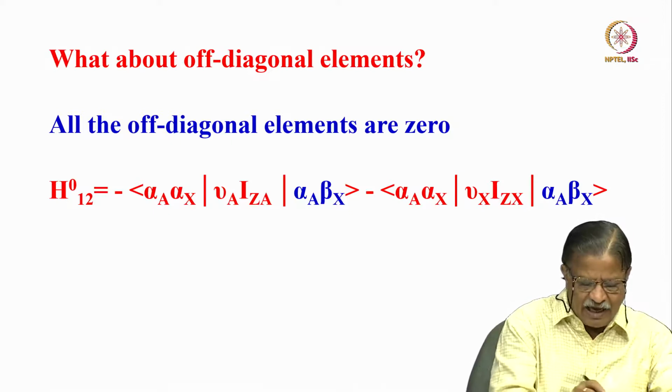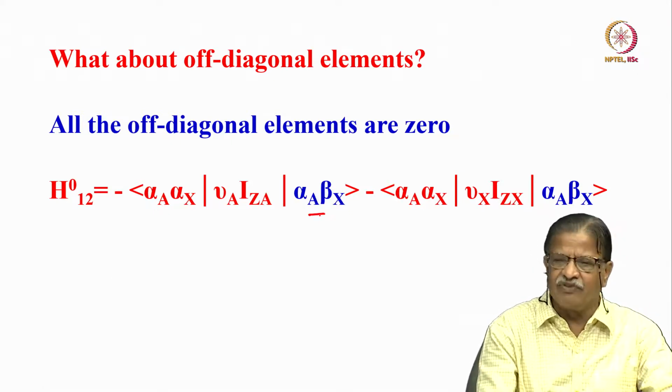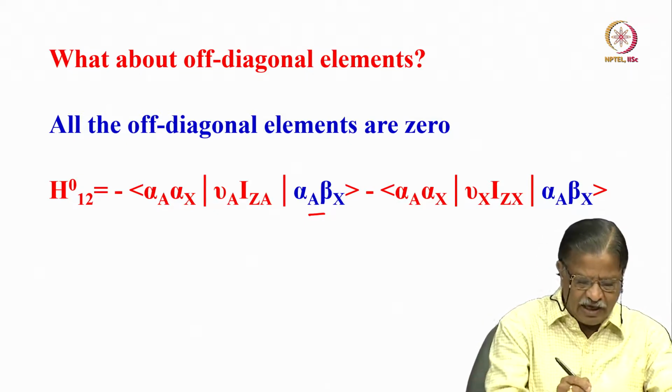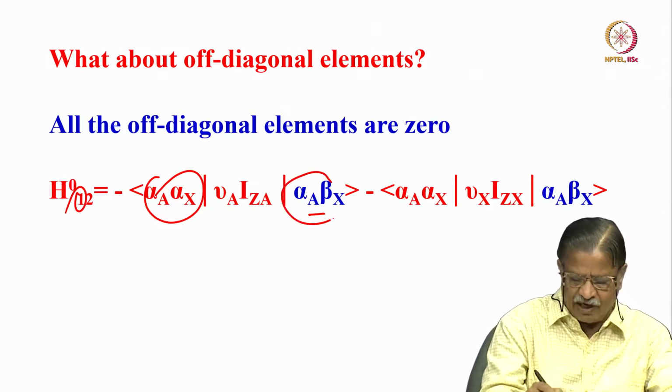You will see that alpha and here I will take alpha beta, they are off diagonal elements. I am now working out H12, where 1 is alpha alpha, 2 is alpha beta.